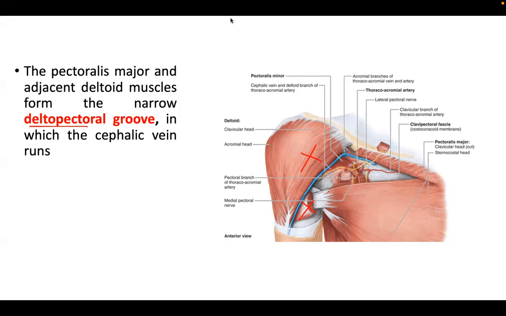Question, what important blood vessel is found traversing through the deltopectoral groove? What blood vessel? It is the cephalic vein. So please take note of that.